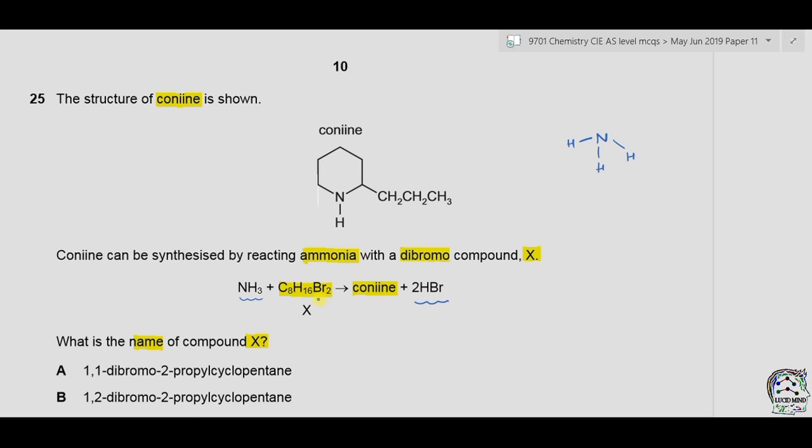As in compound X, there were 2 bromine atoms and now in conene there is no bromine atom. So therefore bromine atom has been replaced along with hydrogen atom. So it means that a substitution reaction has taken place and nitrogen has bonded itself with carbon atoms. Now we can see that one hydrogen atom is still present with nitrogen while one bond is formed with this carbon while the other bond is formed with this carbon.